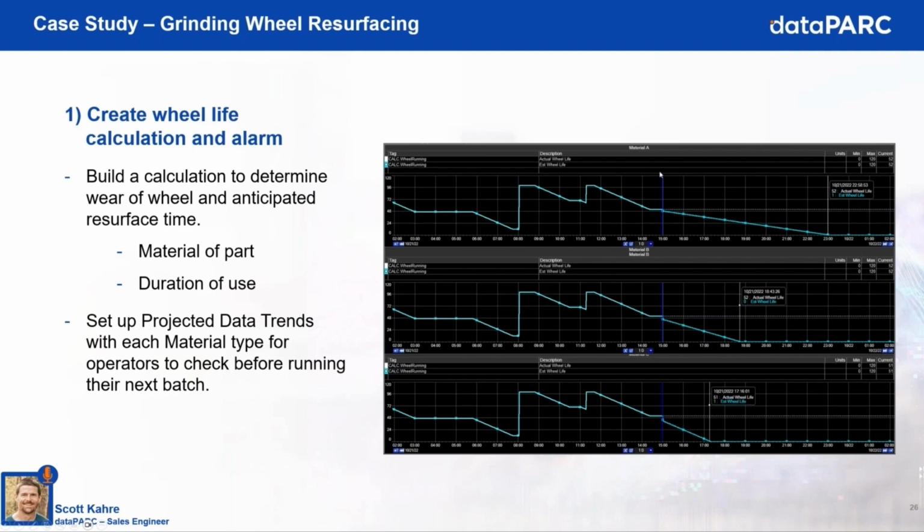And then we have a projection into the future of how much longer that particular grinding wheel is going to last in this case. So if we see that this projection is going to reach zero in a shorter time than the next batch will take, then we know that we need to take action. We need to either do a resurfacing or a replacement on that wheel.